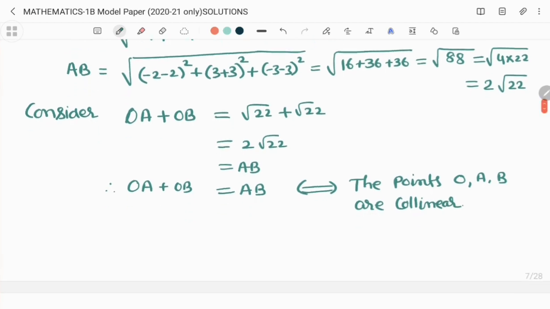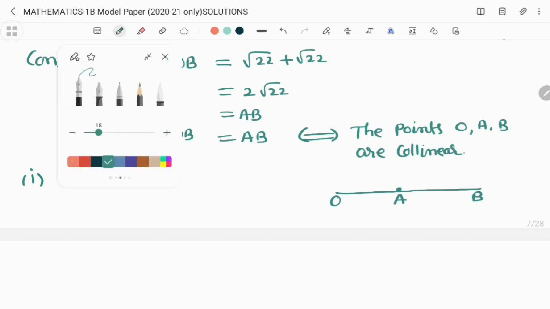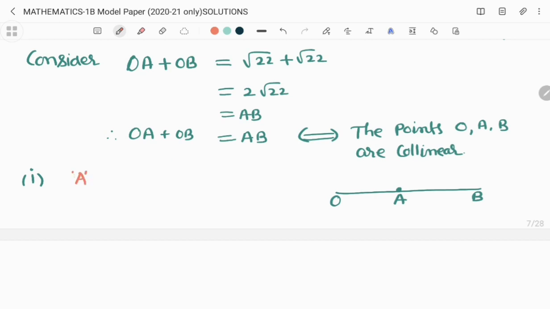After that they are asking to find the ratio in which each point divides. So total 3 cases will arise. In case 1 the figure will come like this. OAB, no? So in this case 1, A divides OB in the ratio OA is to AB.